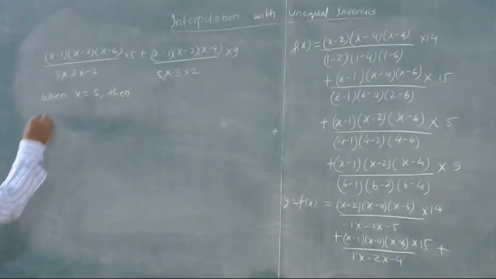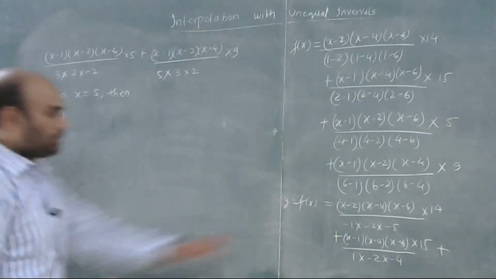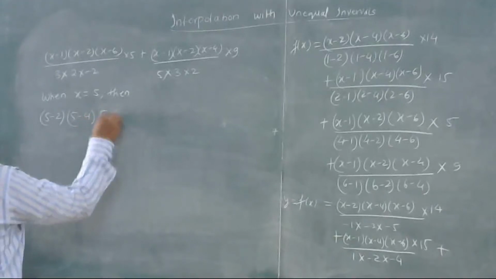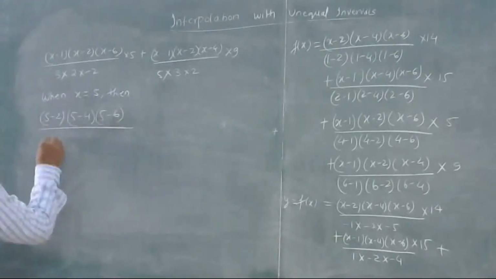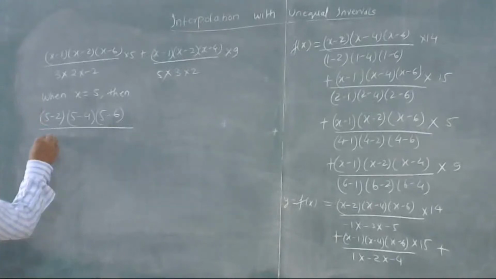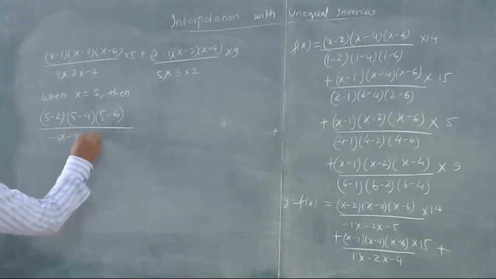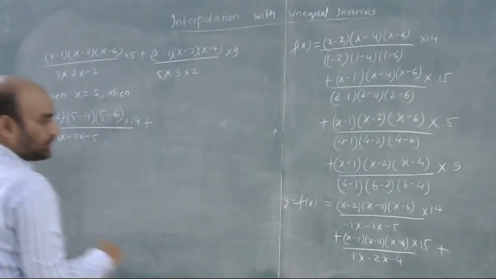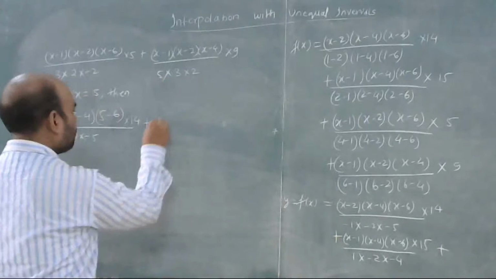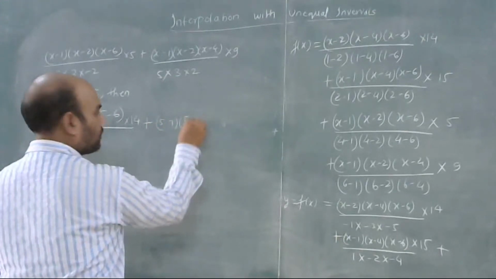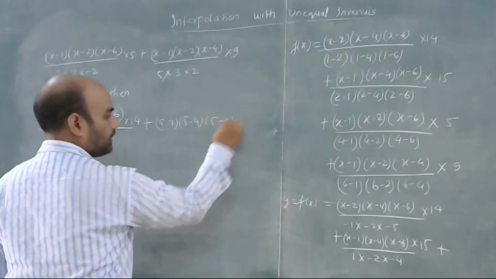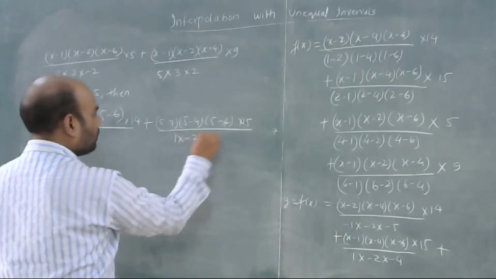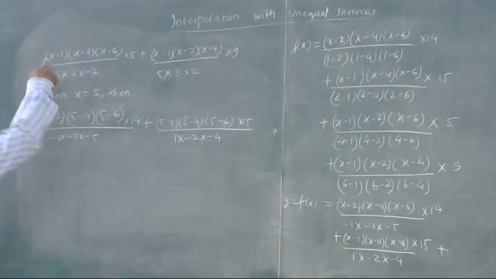So this will be equal to 5 minus 2, 5 minus 4, 5 minus 6, whole divided by minus 1 into minus 3 into minus 5, into 14, plus 5 minus 1, 5 minus 4, 5 minus 6 into 15, whole divided by 1 into minus 2 into minus 2.